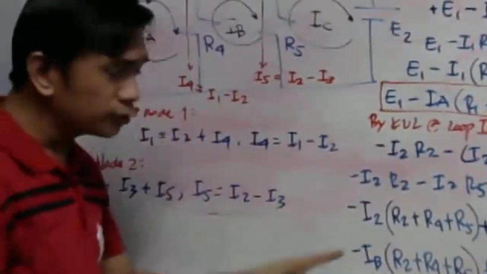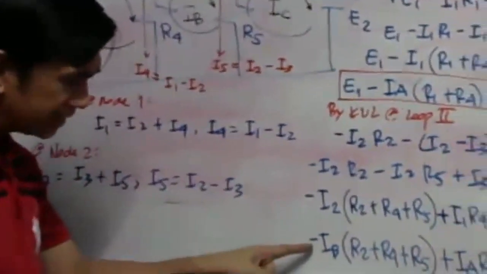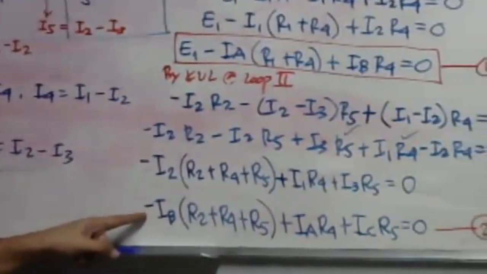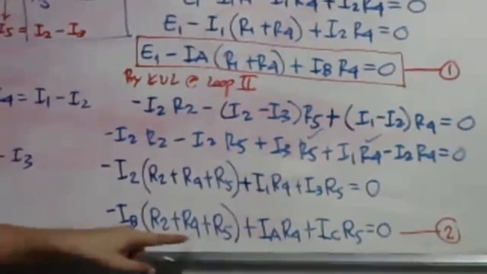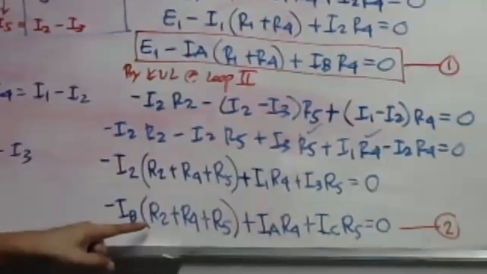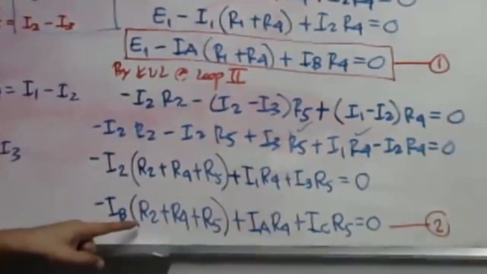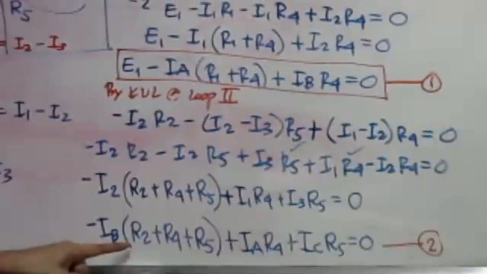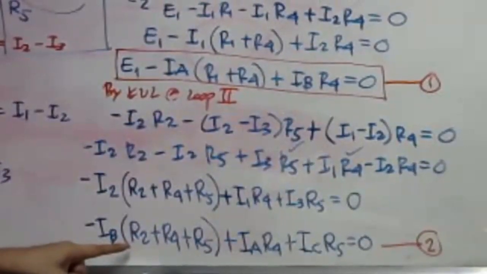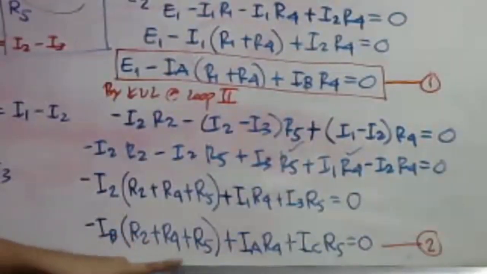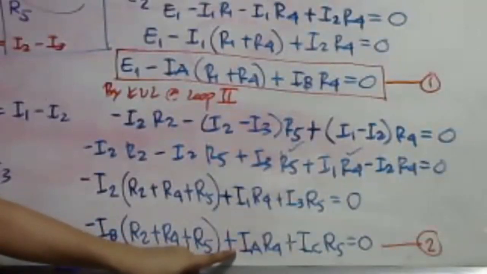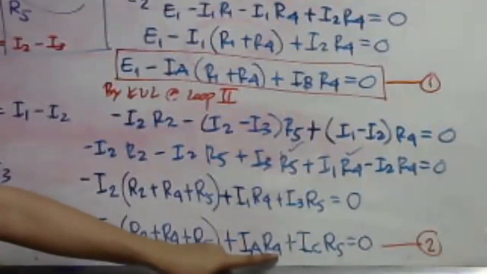Again, for a certain loop, automatically make the circulating current negative multiplied by the loop resistances, plus the product of the adjacent circulating current with the common resistor.